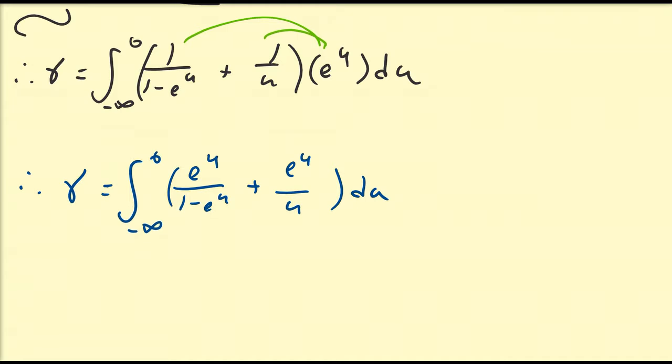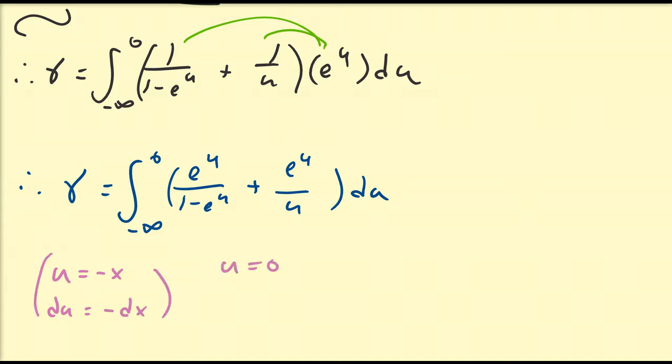Now this integral from minus infinity to 0 typically isn't the more common integral. Usually we have integrals from 0 to infinity, so we can easily rewrite this. We're going to let u be equal to minus x. So if u is minus x, du is going to be equal to minus dx. No big deal there.